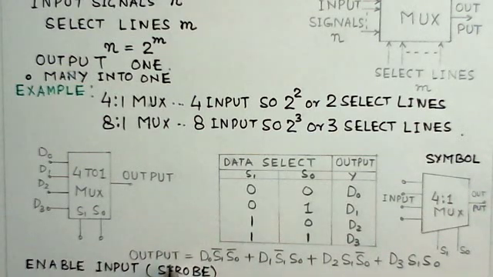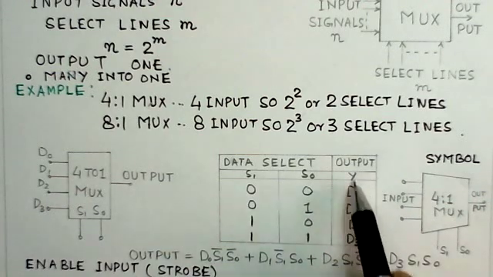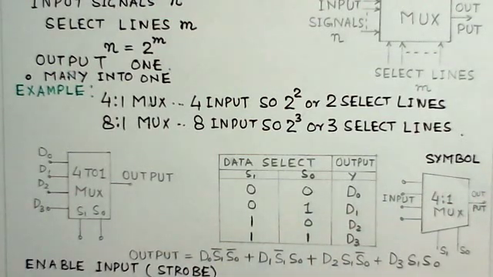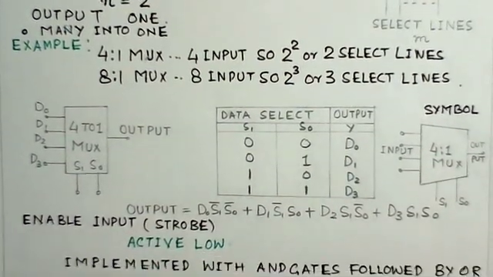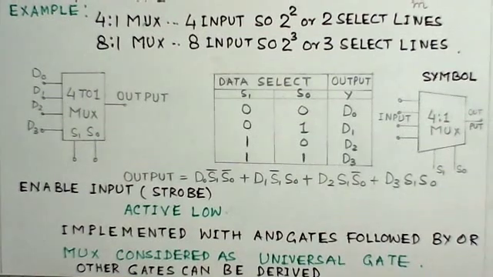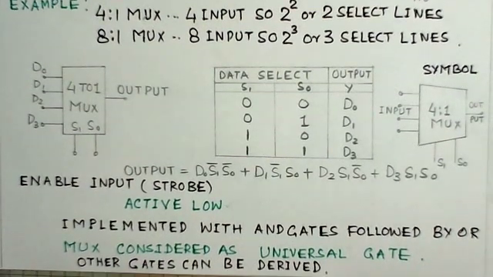Now from the truth table we can draw the corresponding output. Output is D0 S1 bar S0 bar plus D1 S1 bar S0 and so on. This is the corresponding Boolean equation based on this output column. These multiplexers also have one enable input.